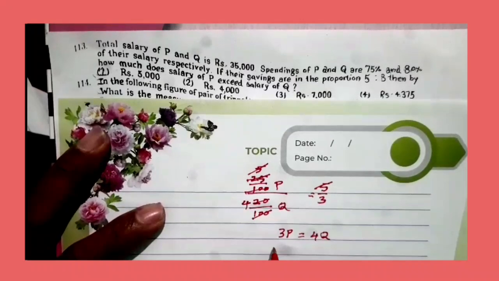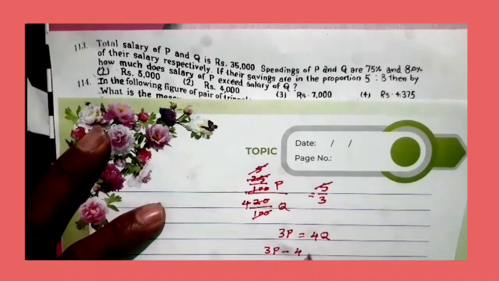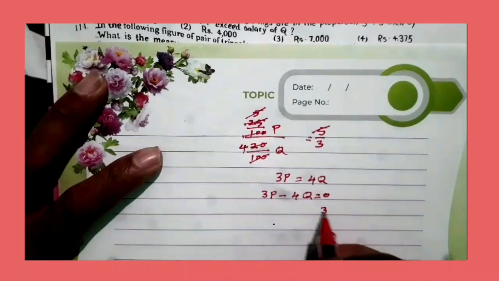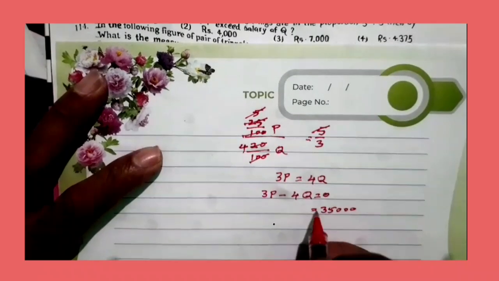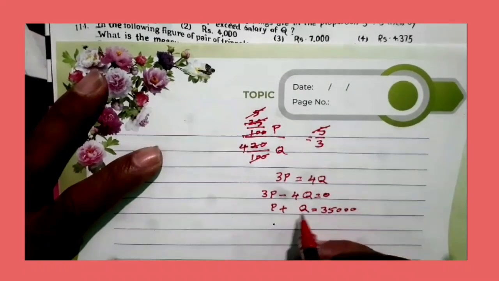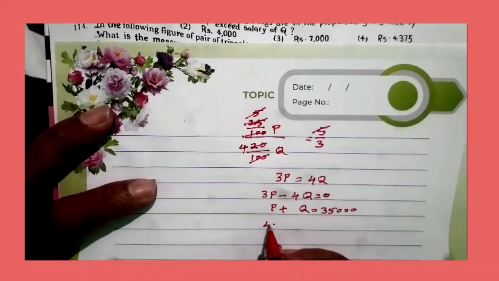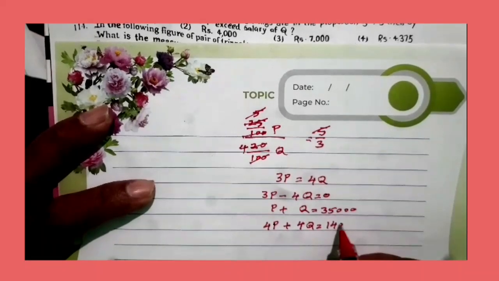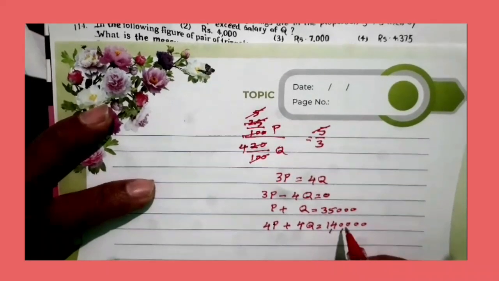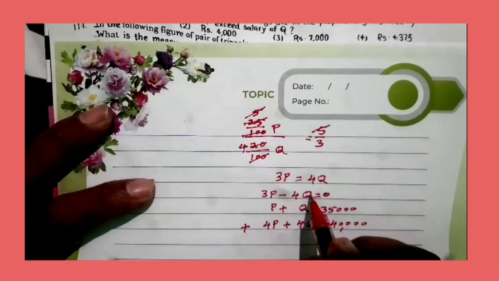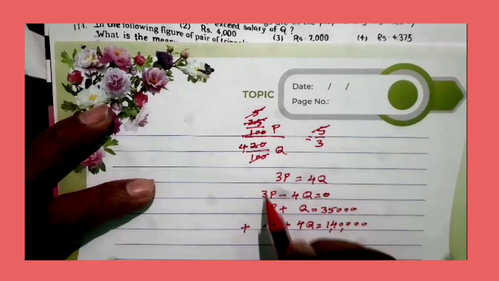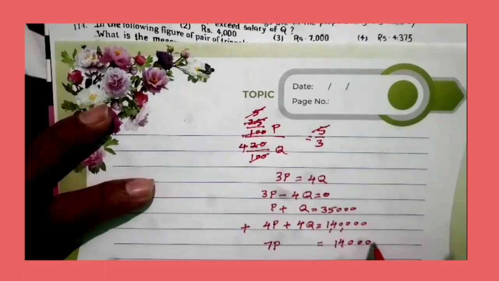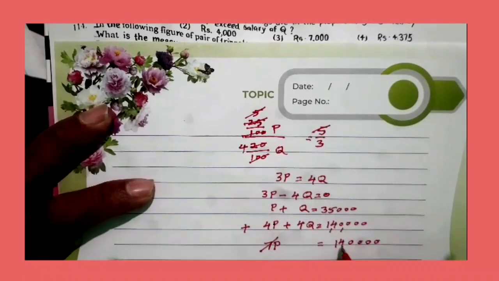That is 3P minus 4Q is equal to 0, and the total of both is 35,000, that is P plus Q. Multiply this by 4: 4P plus 4Q is equal to 1 lakh 40,000. Now if we add, Q is cancelled, 4 plus 3 is 7P is equal to 1 lakh 40,000, divided by 7.